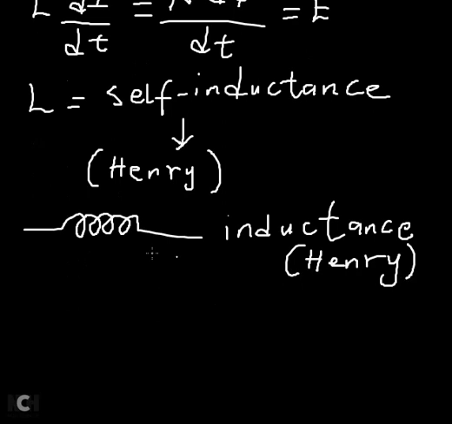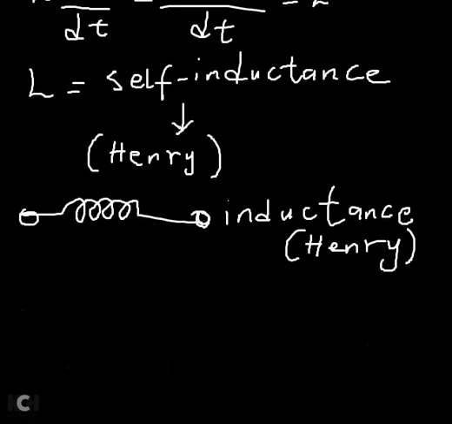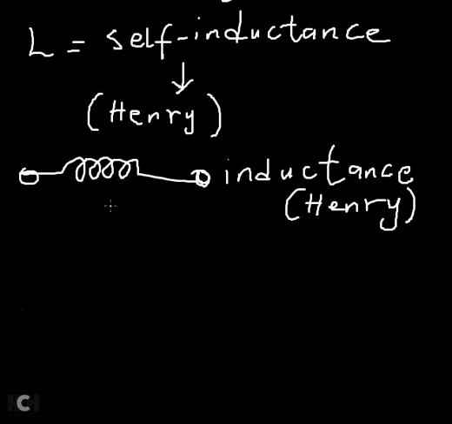This brings us to a device known as a coil. Now, what does a coil do? A coil is a device, or an inductor. That's where the name originates: inductor.